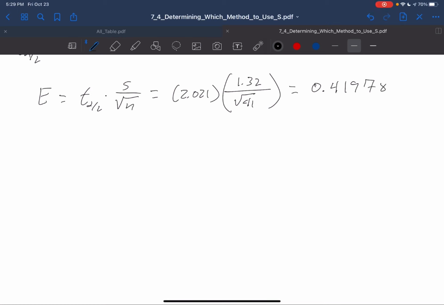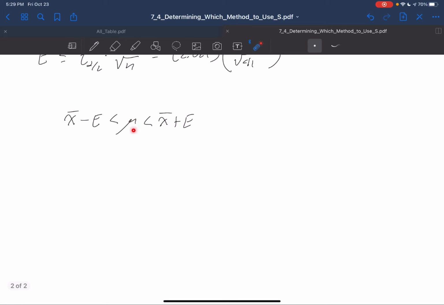Now we can construct our confidence interval: x bar minus e is less than mu is less than x bar plus e. This is saying that our population mean is within these two values. I'm going to skip a couple of math steps, and this will be 8.11 is less than mu is less than 8.95.